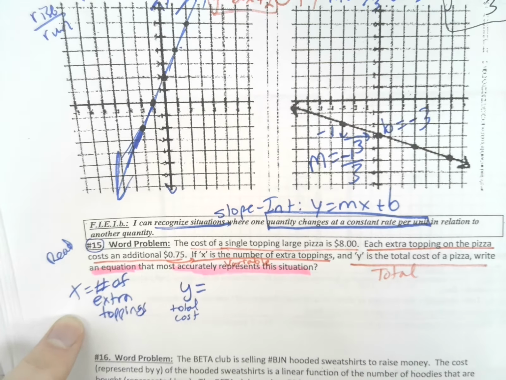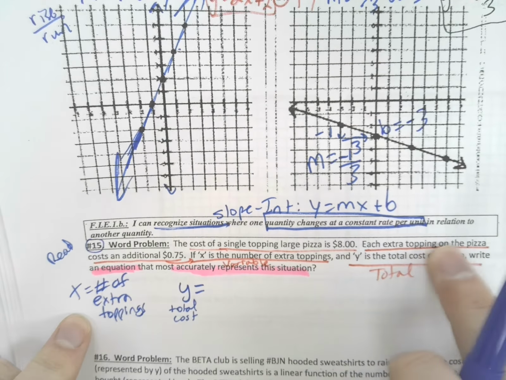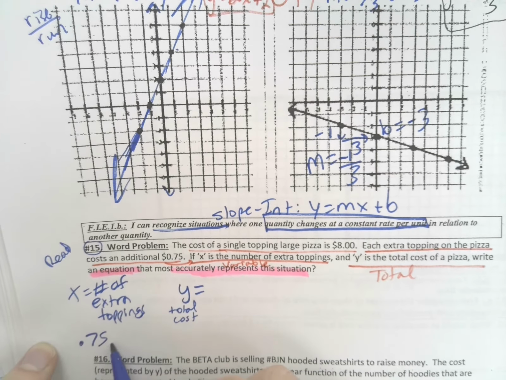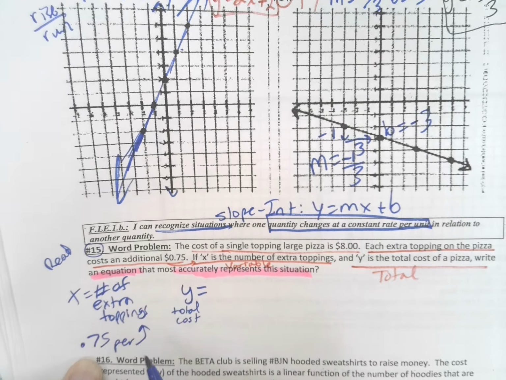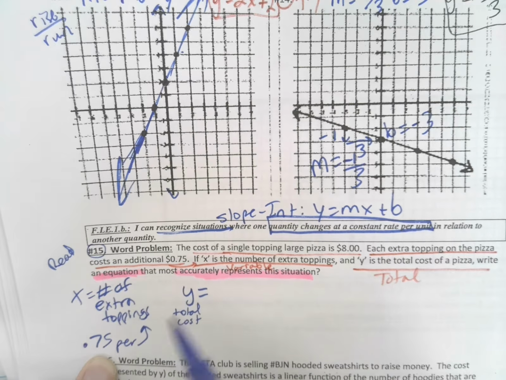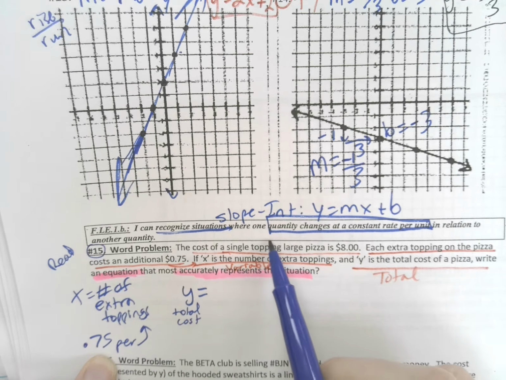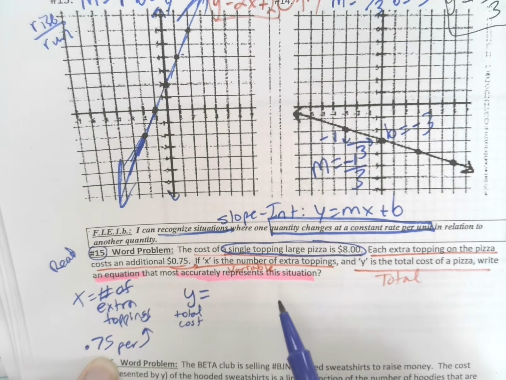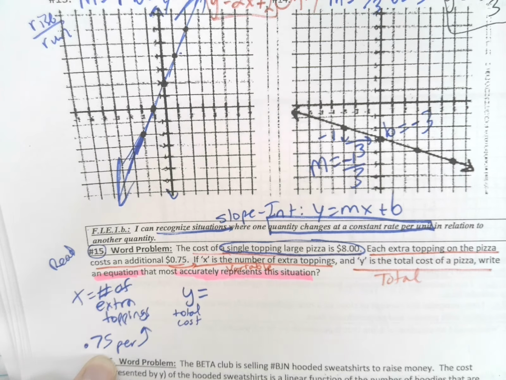And then what's connected to that? Well, each extra topping is going to be 75 cents. Okay. And how much does a pizza cost in general? Well, a single topping pizza costs $8 just straight up.